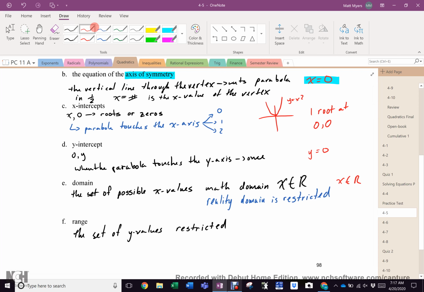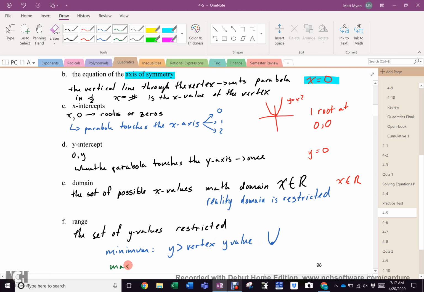The y values, if I have a minimum, every y value has to be greater than the vertex y value. Because it looks like this. There's my y value for the vertex. So my range has to be bigger than that.